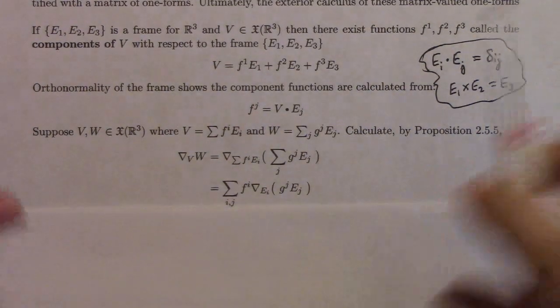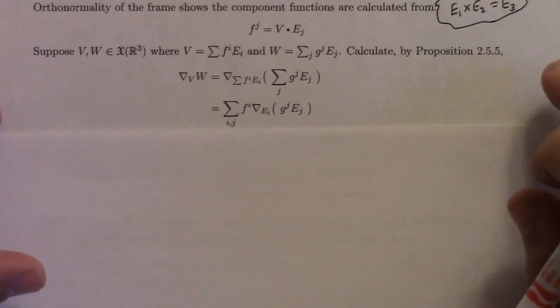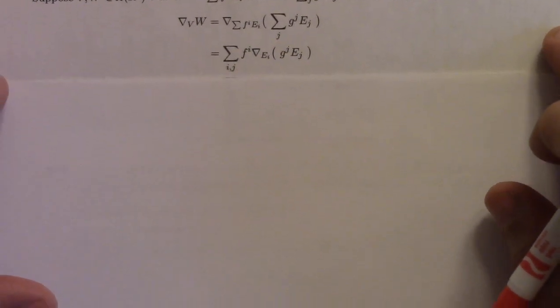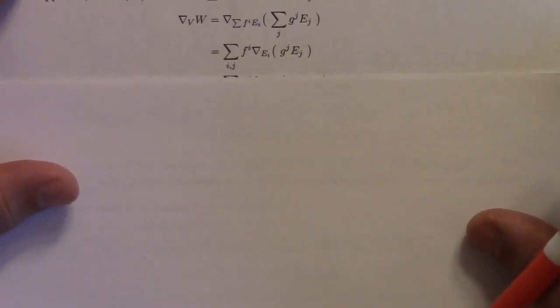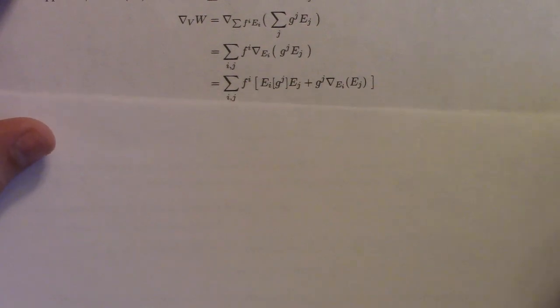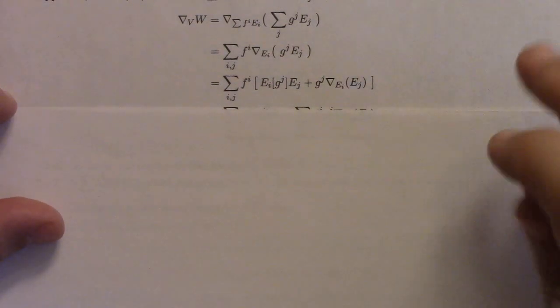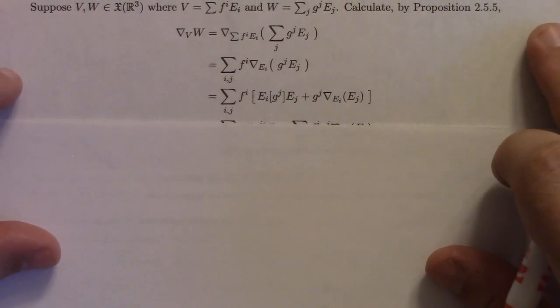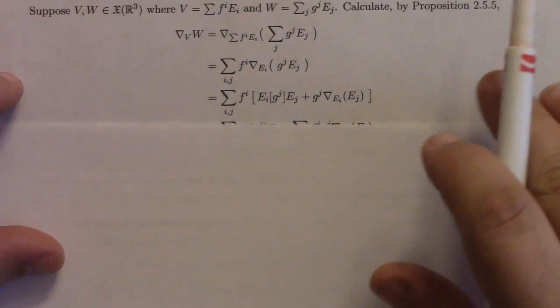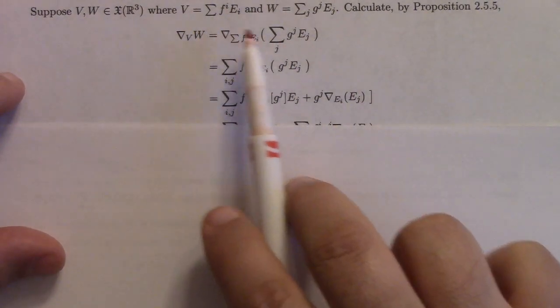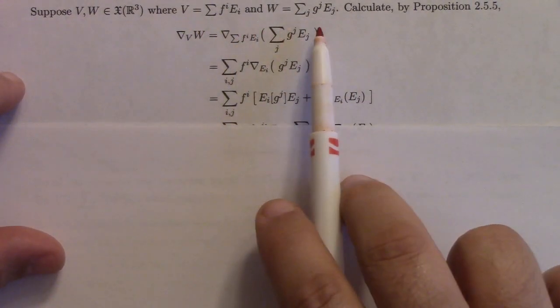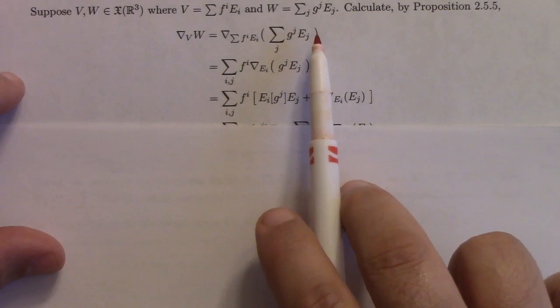And it's interesting, as we looked at, in fact, in class, to expand the covariant derivative in terms of such a thing. And so I go about that calculation. We kind of did this in class, but I'll go through it again here. And so suppose v and w are vector fields, and we're expanding v and w with respect to this frame, E1 through E3.